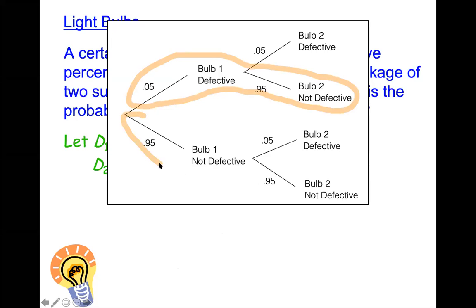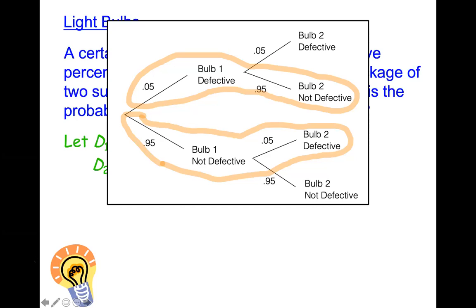If bulb 1 is not defective, bulb 2 must be defective, so I'm looking at this branch. These are the 2 ways I can get exactly 1 defective bulb.